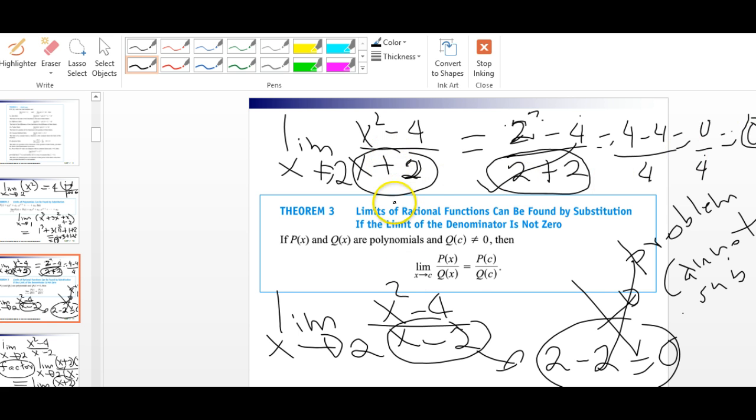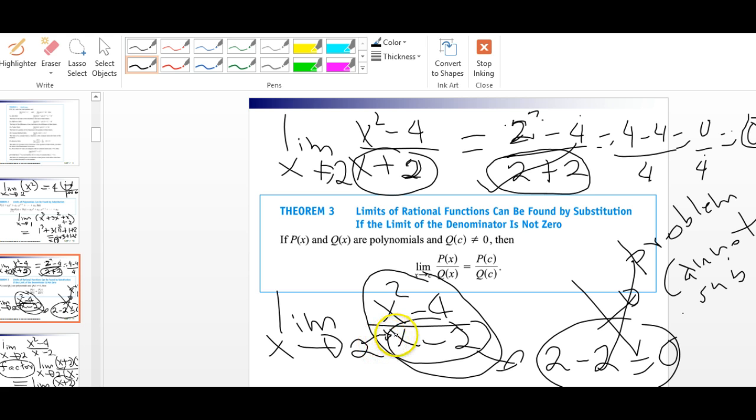Now let me give you another example where life is not so easy. Take this example, x squared minus 4, but this time over x minus 2. Remember, when you have a quotient, the very first thing you do is go to the denominator and see what you get by plugging in the value of x.